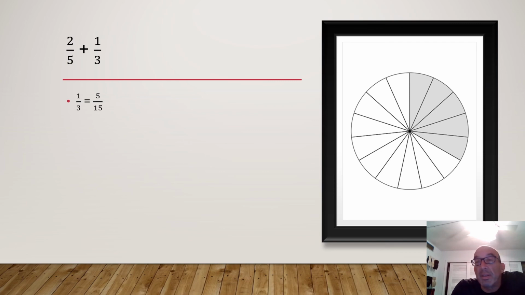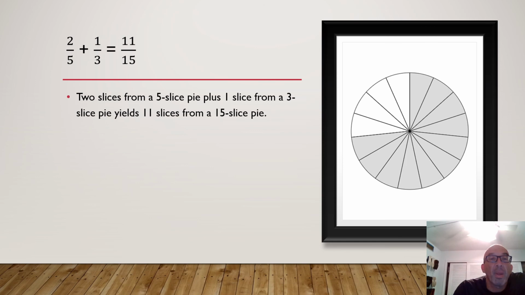1/3, similar picture. There's the same number of slices, but only 5 are shaded, 5/15. In other words, using their model at this point, 2 slices from a 5-slice pie plus 1 slice from a 3-slice pie yields 11 slices from a 15-slice pie.